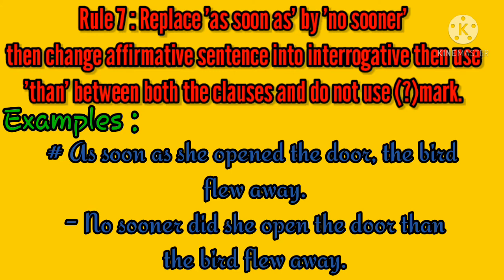Then the subject she, and afterward we have to keep here open present tense form. After that, the door, then remove comma and use than. Again, remaining sentence, the bird flew away. So it becomes no sooner did she open the door than the bird flew away.